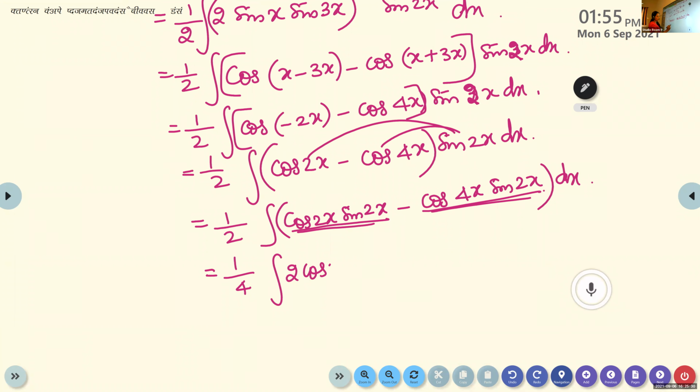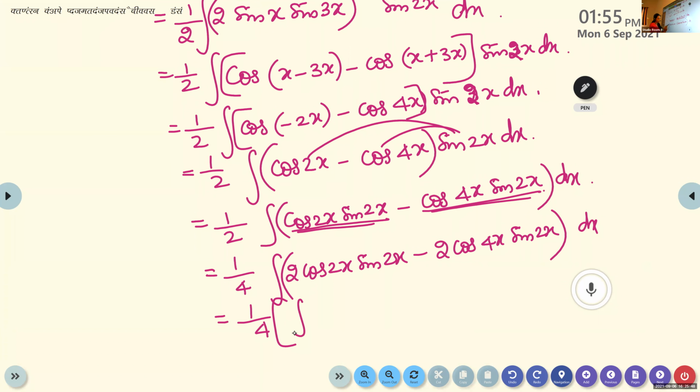So it will become 1 by 4 into integral of, what is 2 cos 2x sin 2x? What is 2 sin A cos A? It is sin 2A, so we can write this as sin 4x. But for the second term we can't write like that, so again use the identity. What is 2 cos A sin B? Punya?